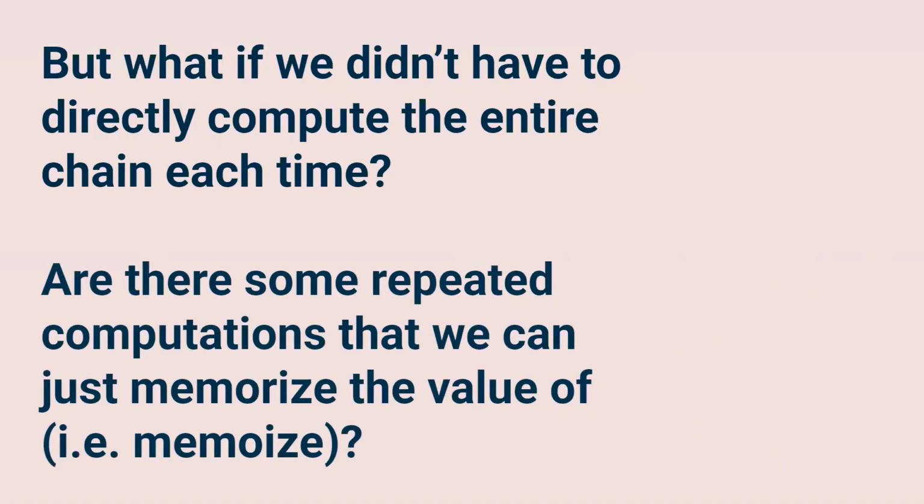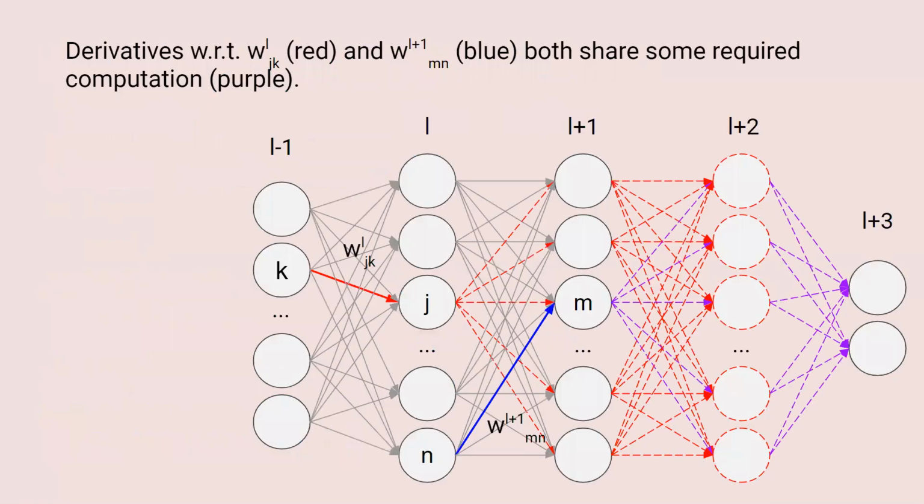Are there some repeated computations in the chain rule that show up in many different places that we've just memorized and don't need to recompute? And it turns out there is, right? It turns out if you do the math, you get a lot of repeating chains, or parts of the chains, right?